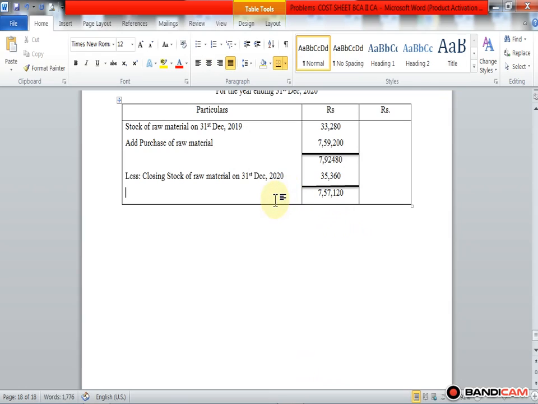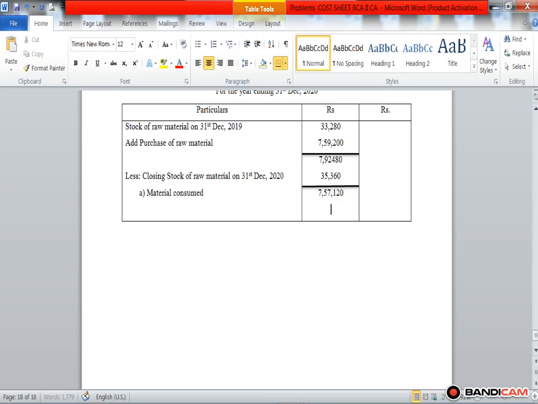So this is the first point, that is we find out the material consumed.